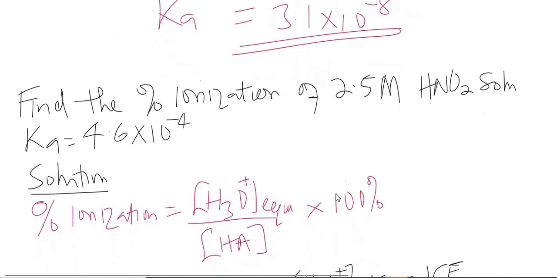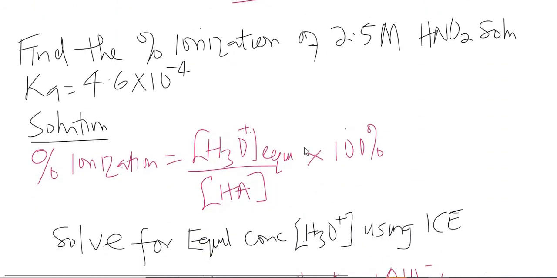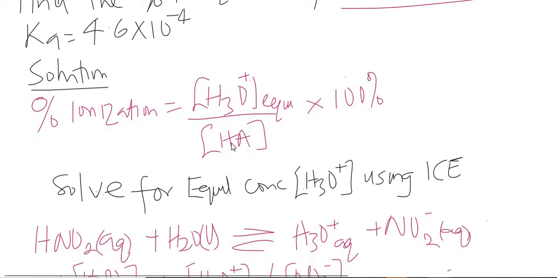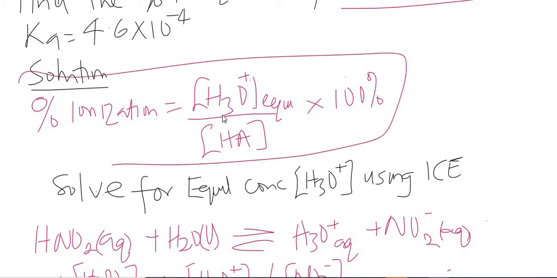Next, we're going to find the percent ionization of a 2.5 molar HNO2 solution given the Ka. Again, this acid is a weak acid, so we're going to use the ICE table. We have the equation for percent ionization, and we already know the concentration of the acid, HA, which is 2.5 molar.